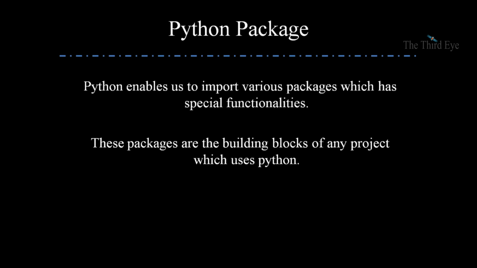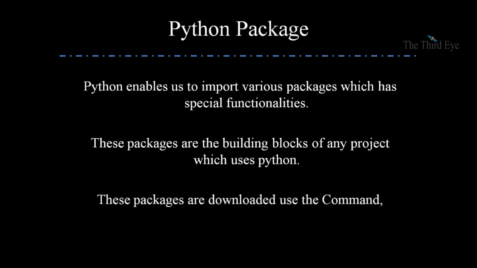You can build a simple project just using the inbuilt functionalities of Python, but in case you are going for a complex program, you will need various packages based on your project. You can download these packages using the pip install command. In your command prompt, if you type pip install and the package name, it will be automatically downloaded.